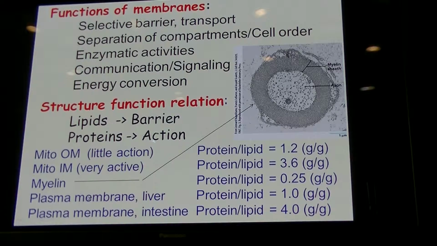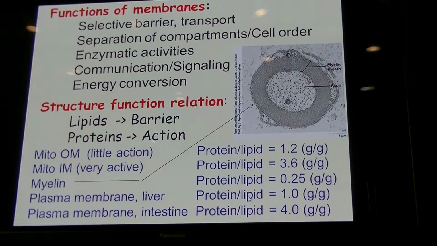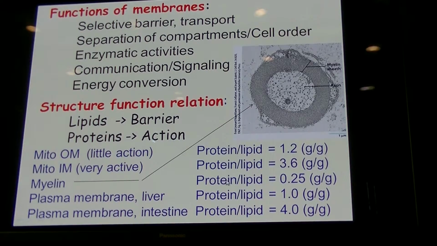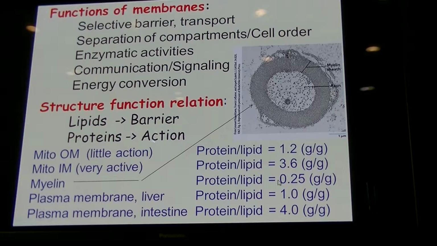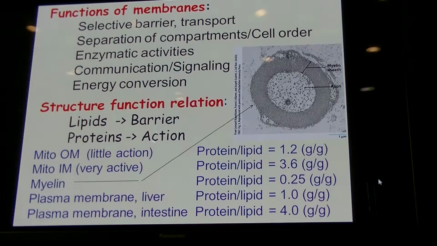In this myelin sheath, if we look at the ratio of protein to lipid, gram for gram, in this membrane system, we see that there is very little protein and 4 times more lipid. So there's a low protein over lipid ratio, because the function is to isolate.